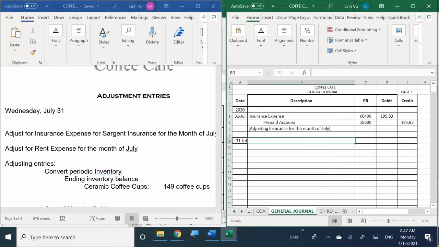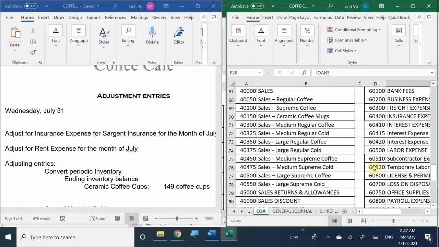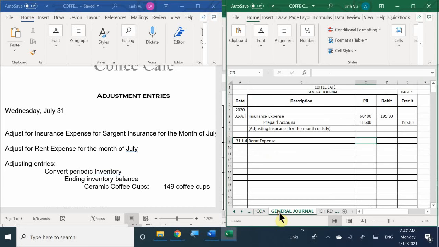We're going to do rent expense. Good, because we used rent for the month of July. So there's rent expense, which is account number 62,000.